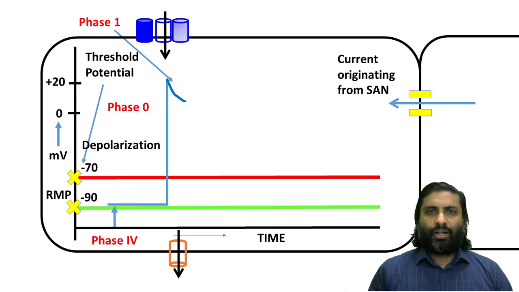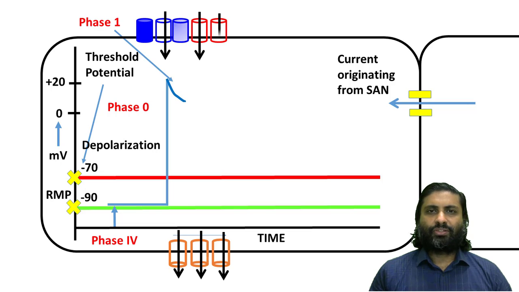At the end of phase 1, the potassium channels remain open, allowing potassium to leave. But at the same time, voltage sensitive calcium channels open, allowing calcium ions to enter. The loss of potassium ions is more or less balanced out by the entry of calcium ions, and this results in a sort of plateau phase of the action potential.